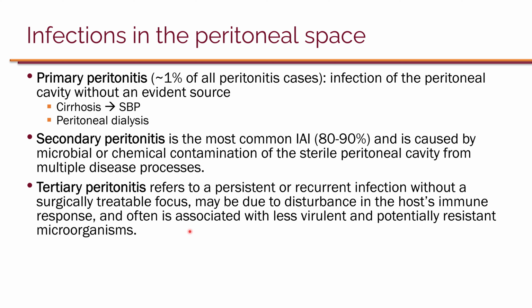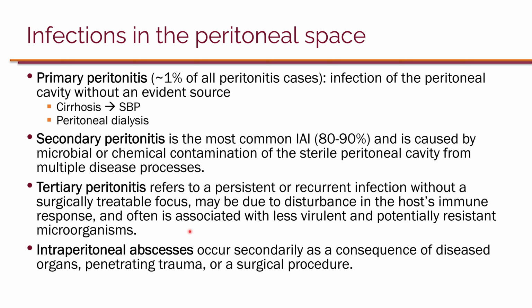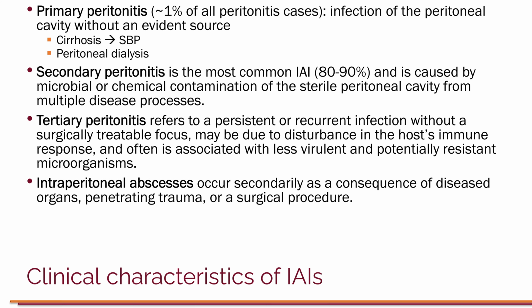And it may be due to disturbance in the host's immune response and often is associated with less virulent and potentially resistant microorganisms. And lastly, there could also be intraperitoneal abscesses, which can occur secondarily as the consequences of diseased organs, penetrating trauma, or a surgical procedure.